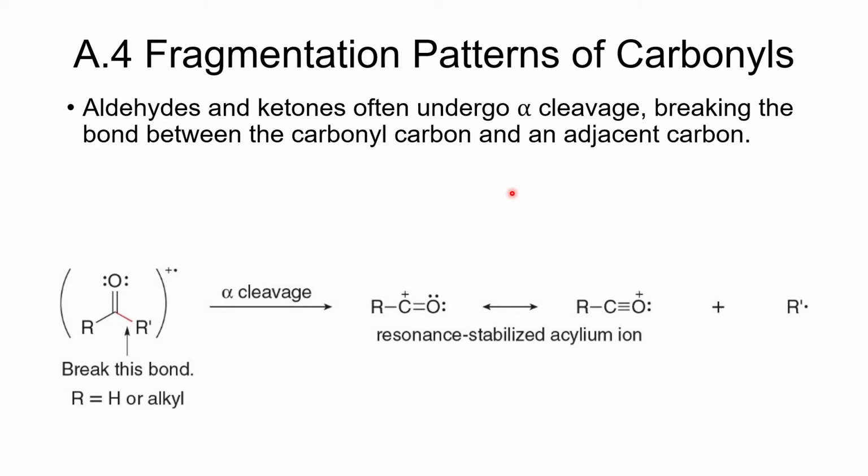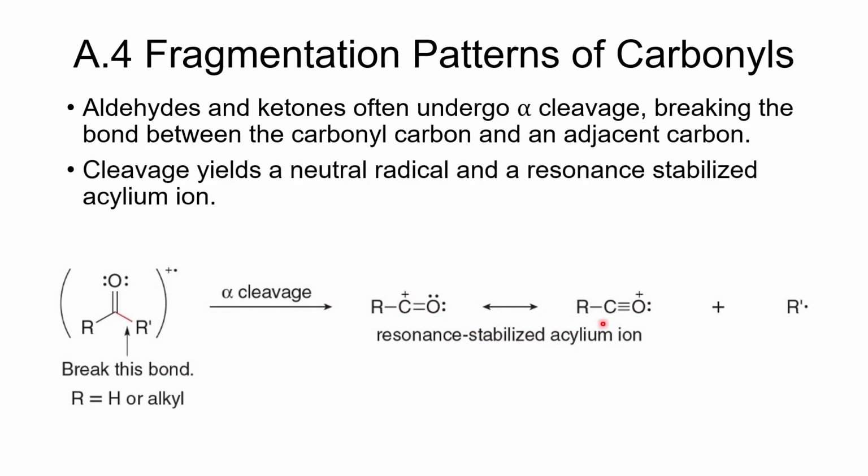The alpha carbon is just the adjacent carbon to the carbonyl. And when you do, you form something that is a resonance stabilized acylium ion. So you get this CO, and it's got a plus charge on the carbon, and you can draw the resonance structure with the plus charge on the oxygen. Since it's resonance stabilized, this will stick around a little bit longer than other things. And so we should be able to observe that when we have a carbonyl compound.